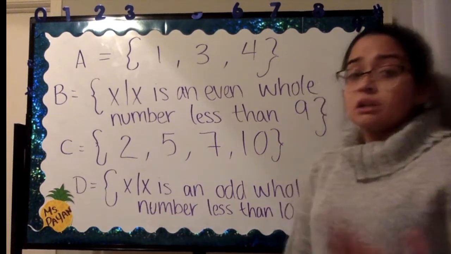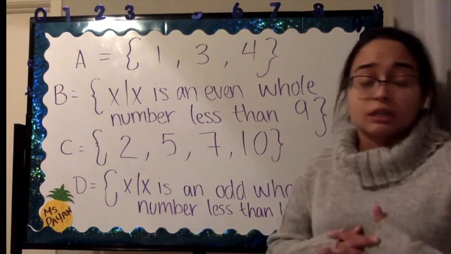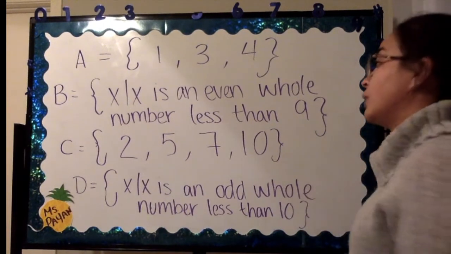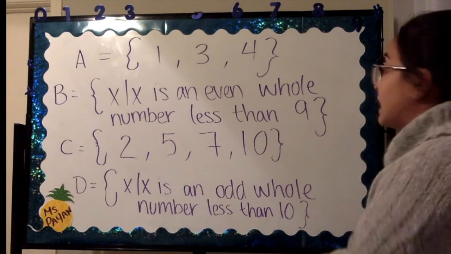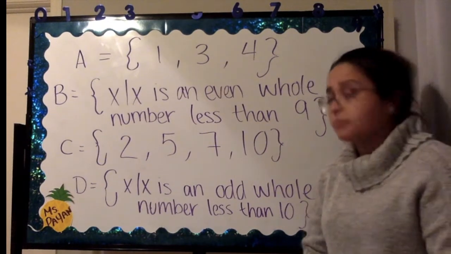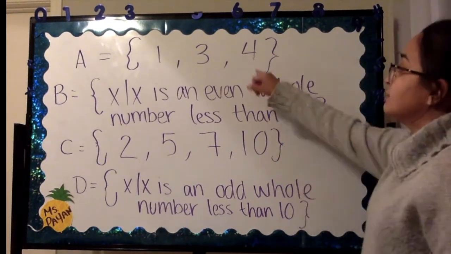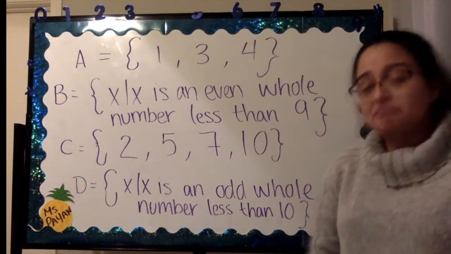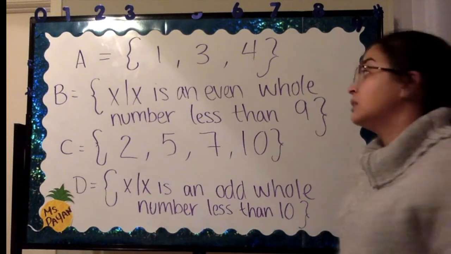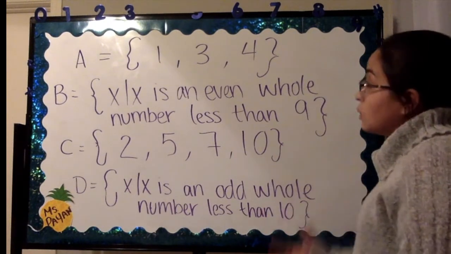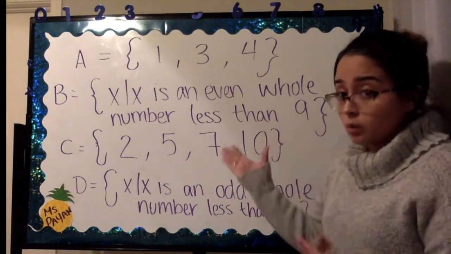Okay? So let's go over it. Let's start off with the characteristics in B. X is an even whole number less than 9. That's pretty simple, right? A number less than 9. Is 1, 3, and 4 less than 9? Of course it is. Okay, already we know it's an intersection. It is a whole number. All our numbers there are whole.